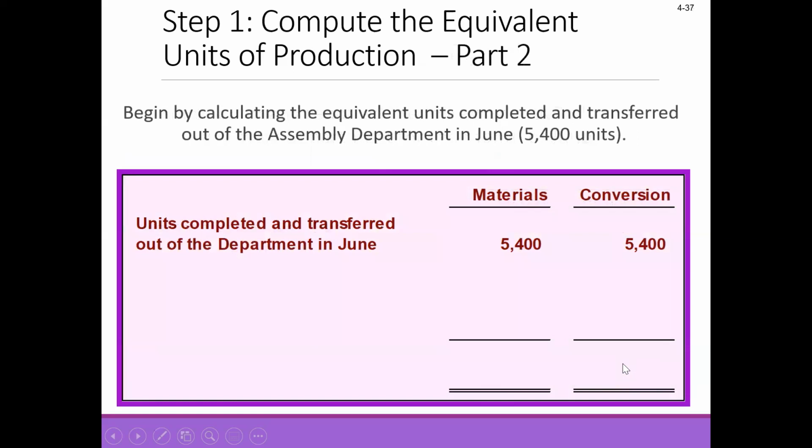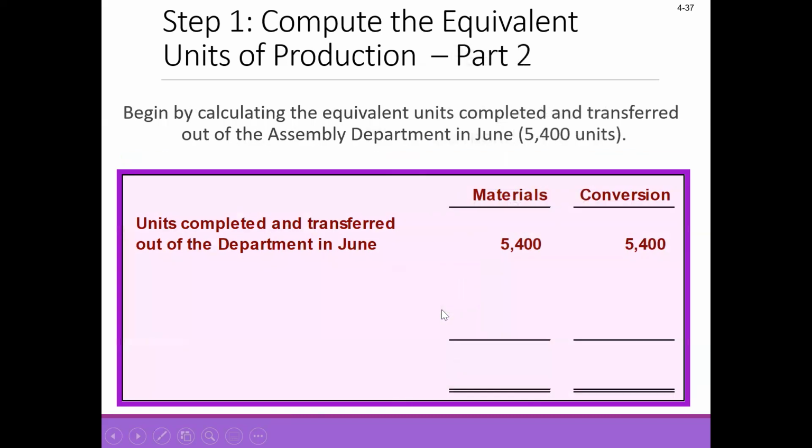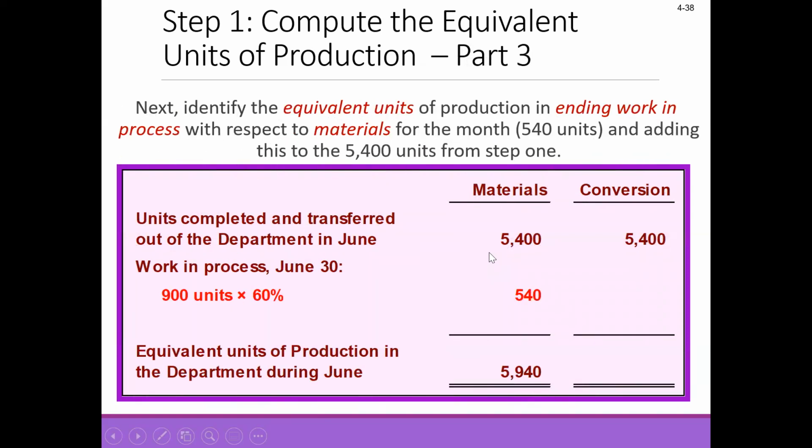So how do we figure out equivalent units? Units completed and transferred out of the department was 5,400. See right here, 5,400. Okay, so they were 100% complete in terms of material and conversion.